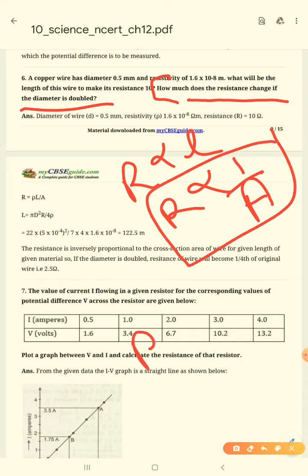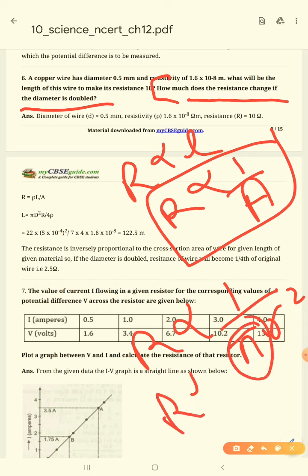As I already told you, area we can write as pi r square. So this is a constant term. I can say R is proportional to 1 upon r square. It means that resistance is inversely proportional to the square of the radius. It is related to the radius.